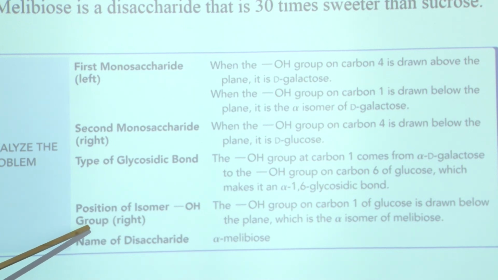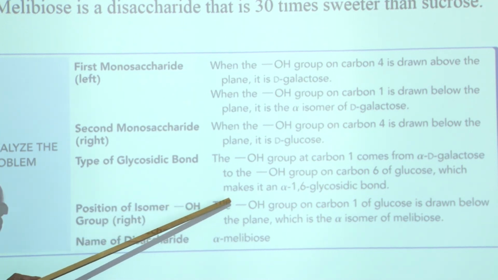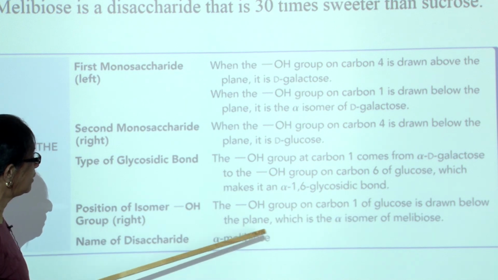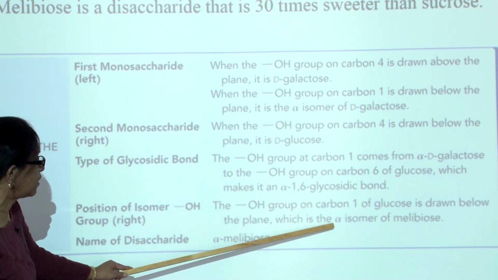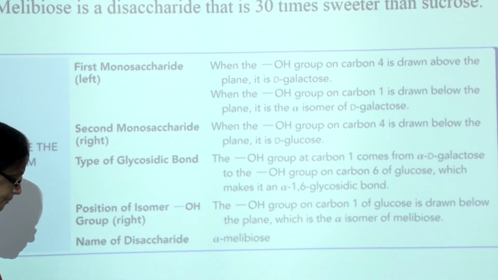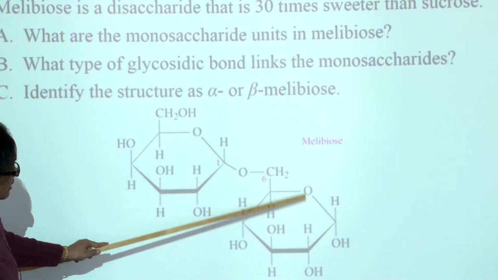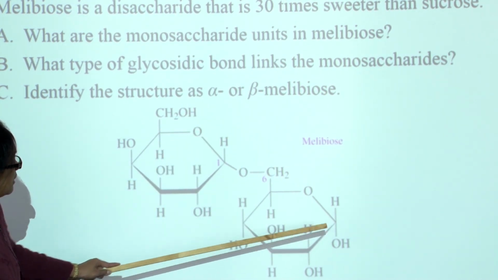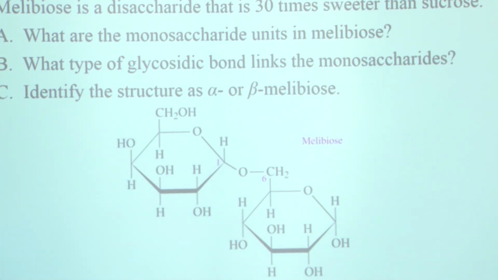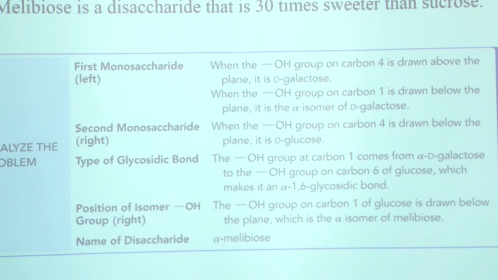So the OH group on carbon 1 of glucose is drawn below the plane, which is the alpha isomer of melibiose. So this is alpha. This tells me if it is alpha or beta. So I'd call this alpha melibiose. So that was the learning goal for this unit.